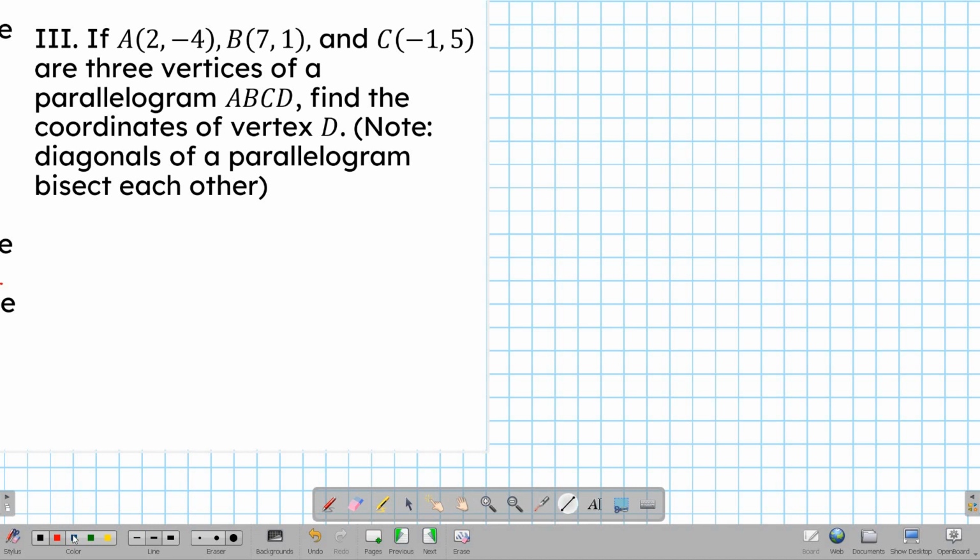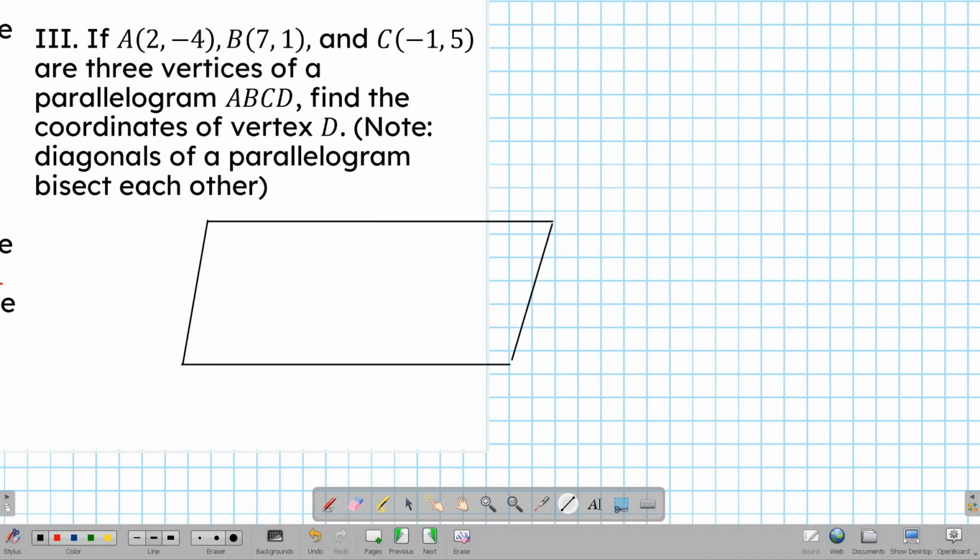Now, say for example, we have this parallelogram. Assuming this is our parallelogram na hindi umabot.